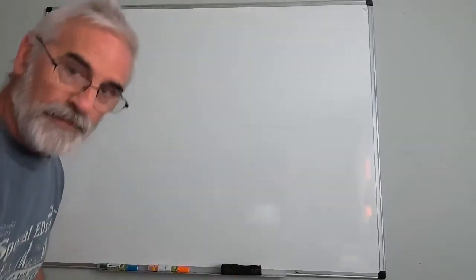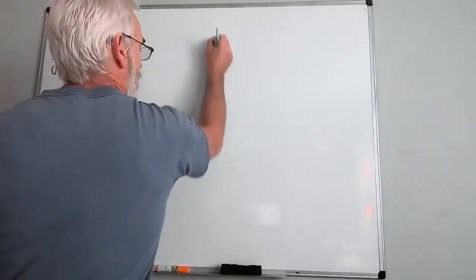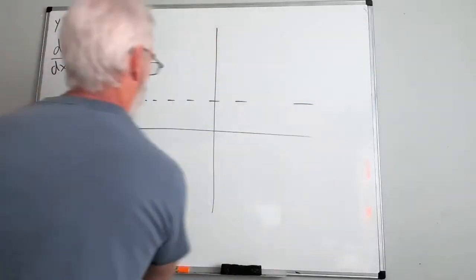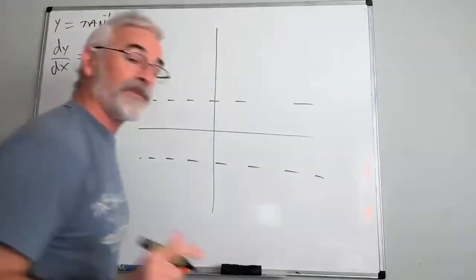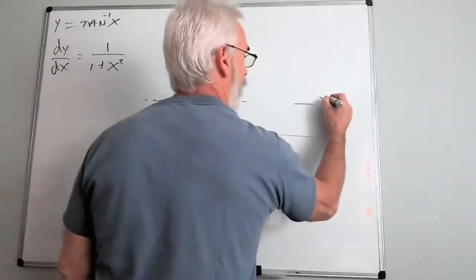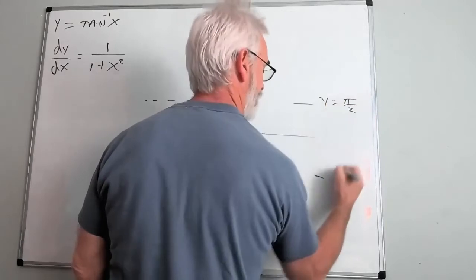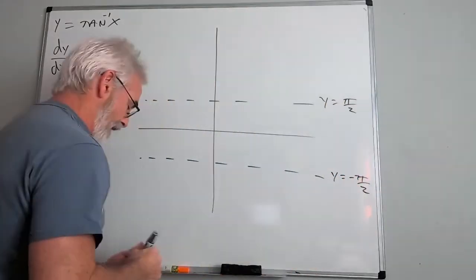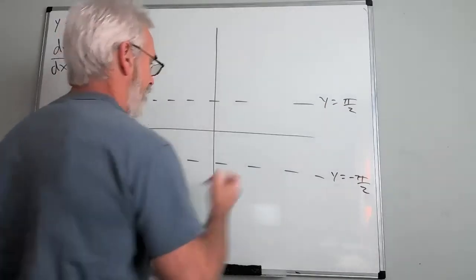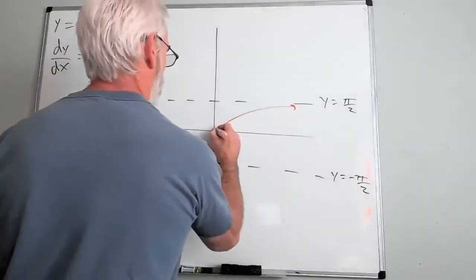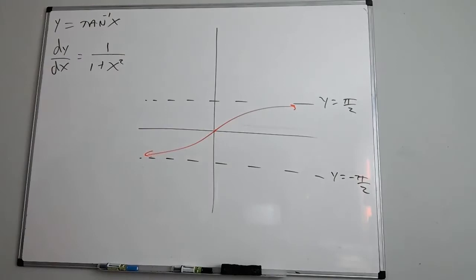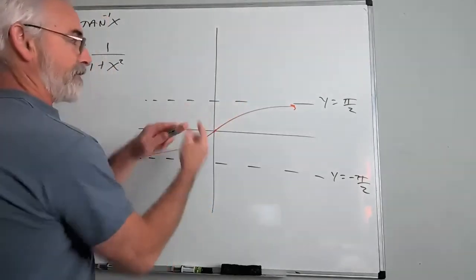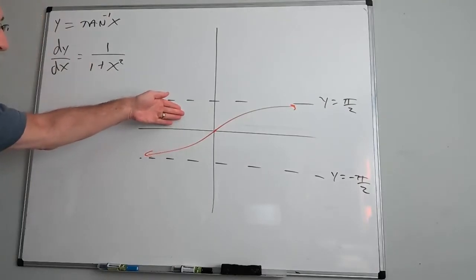It's the exact same picture, but I'm flipping over the line y equals x, which means now I have two horizontal asymptotes: y equals pi over 2 and y equals negative pi over 2. And then my graph is like that. Now, if you think about it, that's right. The tan went like this. This is just flipped over. This is what an inverse tan looks like.